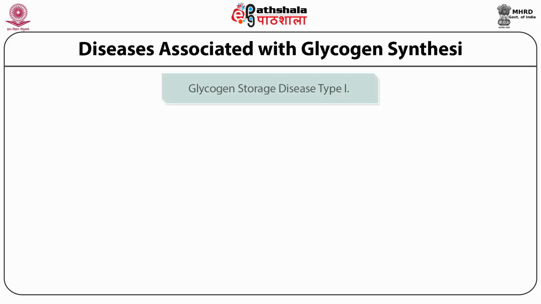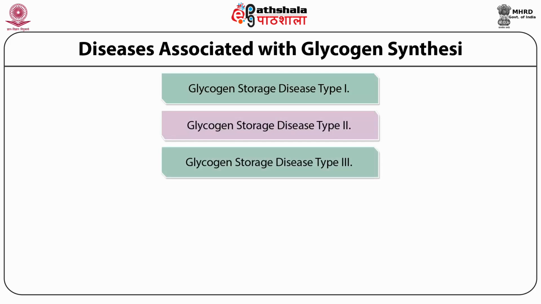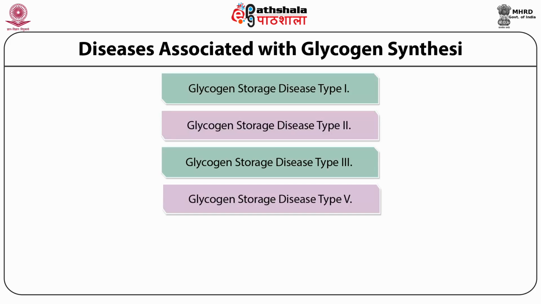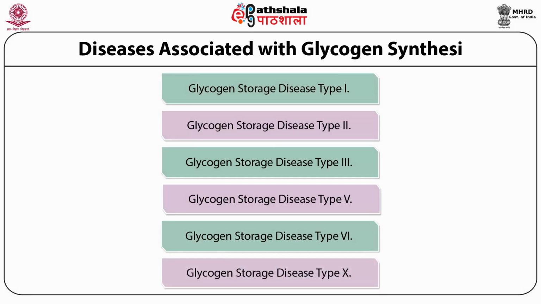That is glycogen storage disease type 1, type 2, type 3, type 5, type 6 and type 10. So in short, 1, 2, 3, 5, 6, 10. These are the diseases associated with glycogen synthesis.